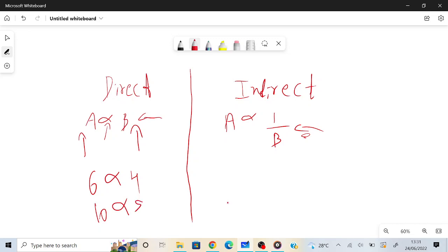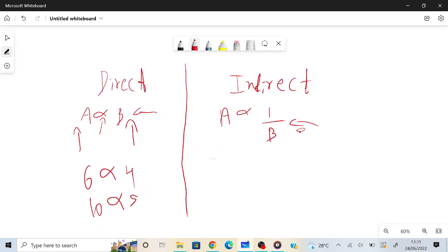Again, these are all examples and estimates, and of course they are not accurate because they are not real questions. But in whatever case, in direct, both of them would increase, or both of them would decrease if one is decreasing. However, in indirect, it's the opposite. If A is increasing, that means B should be decreasing, and likewise, if A is decreasing, B should be increasing.